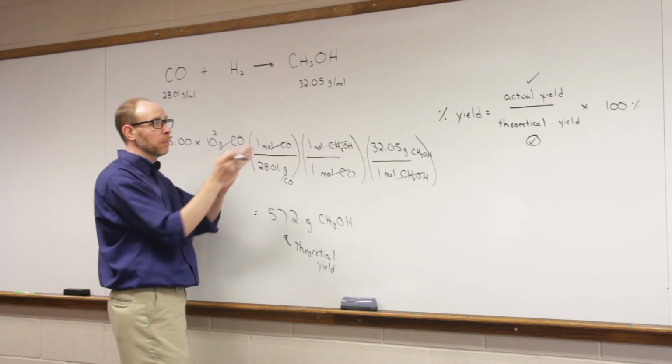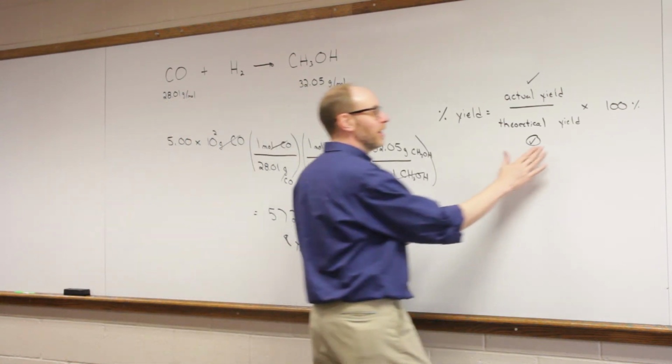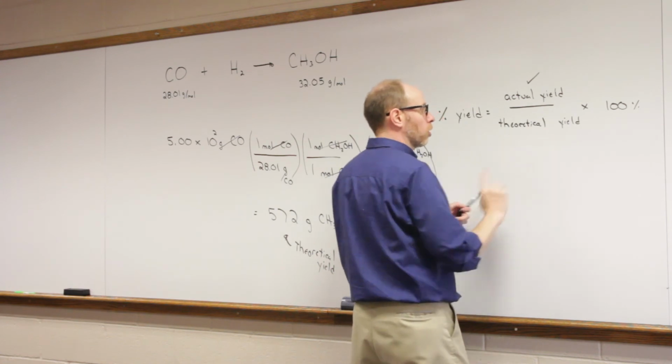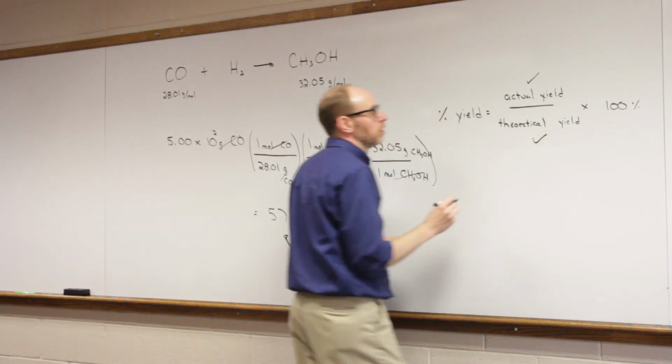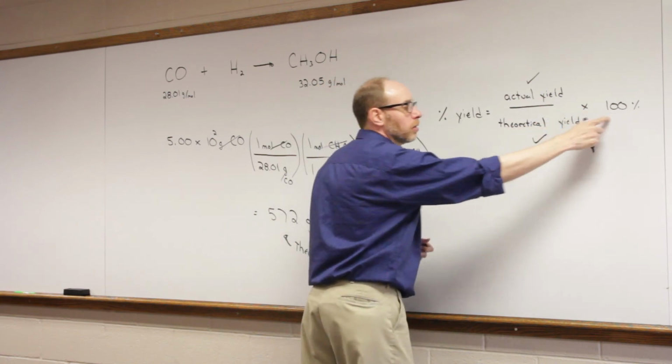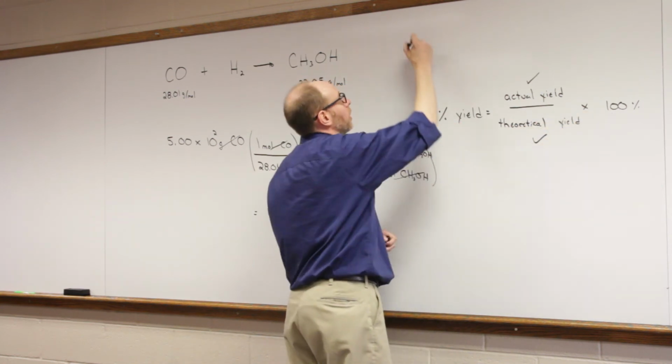At this point, it becomes a plug and chug problem. We know the actual yield, we know that theoretical yield, and 100% is given, so we can calculate our percent yield.